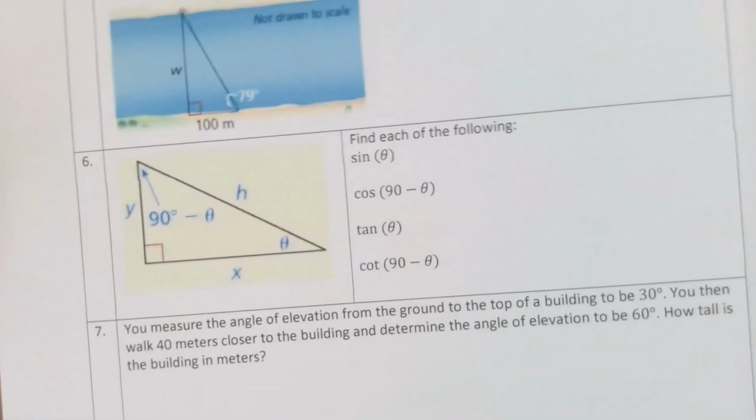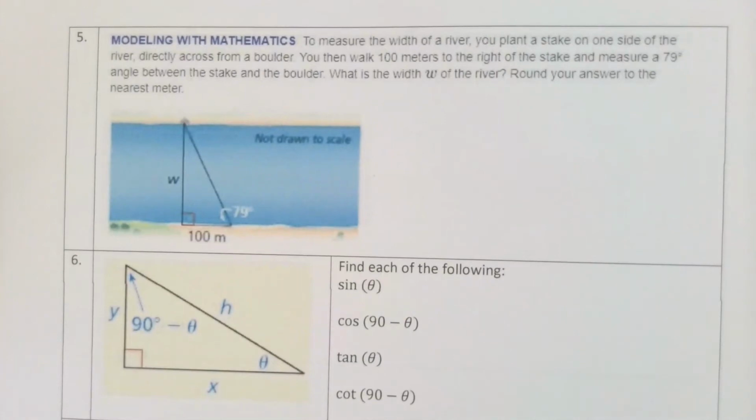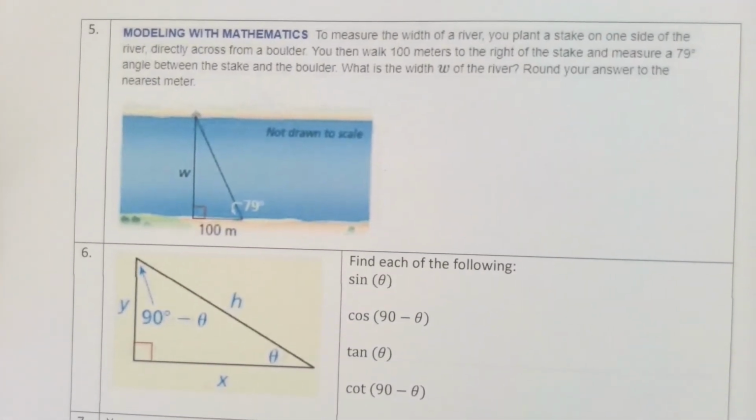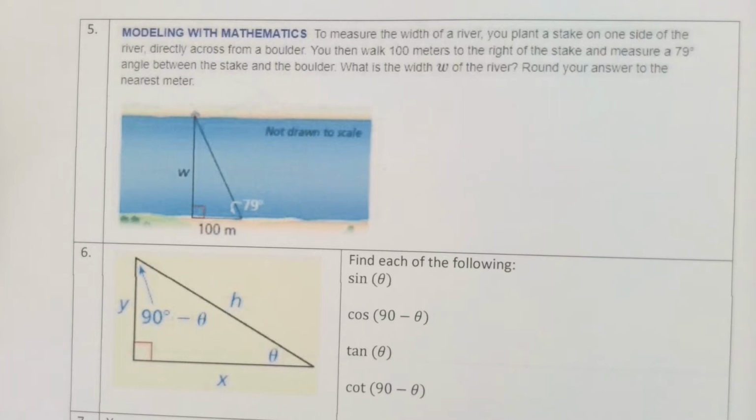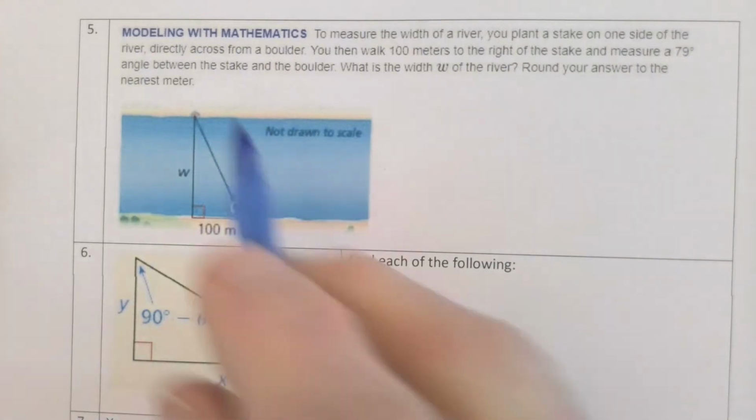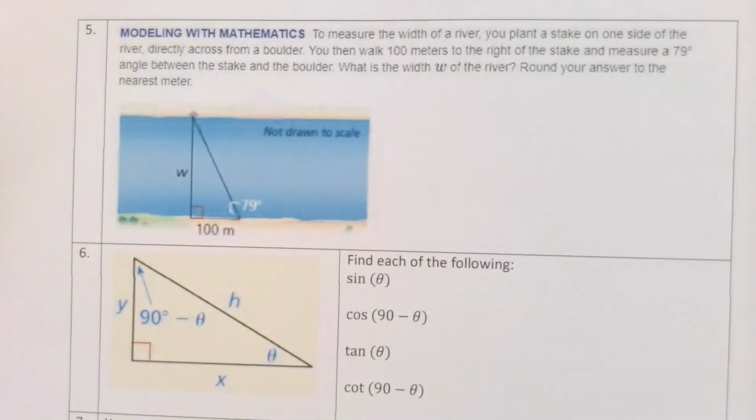Next, and this also comes out of our online assignment, there's an application to determining the width of a river that you're not actually going to cross. You can read through this on your own, but I'll just summarize what happened.